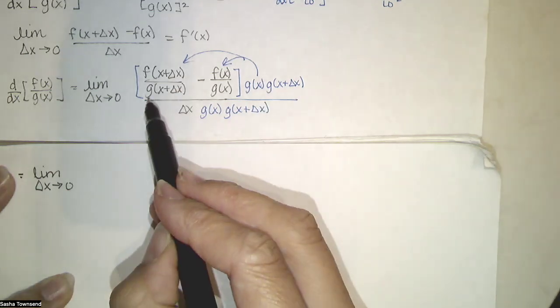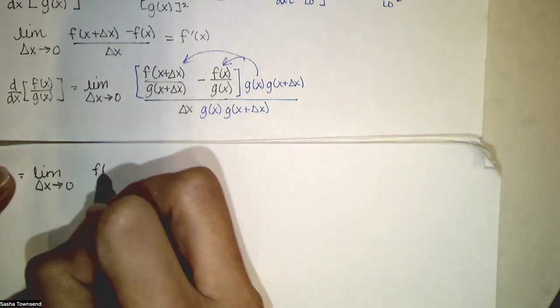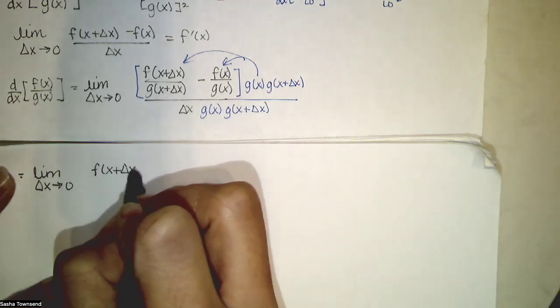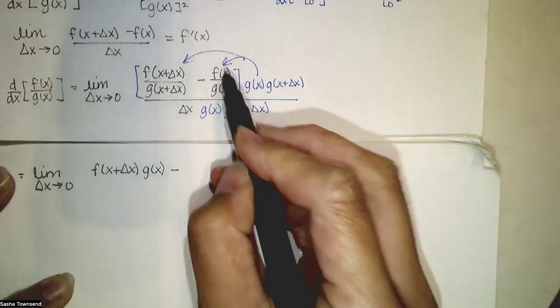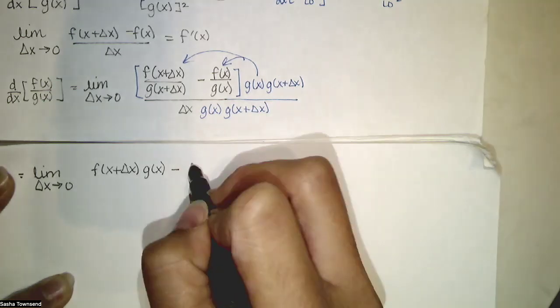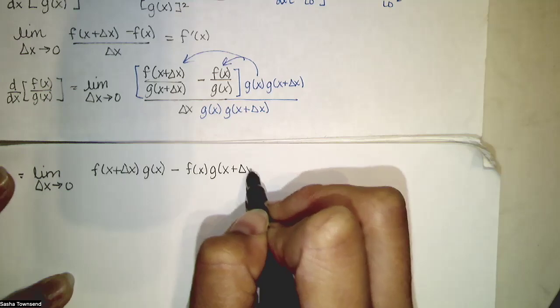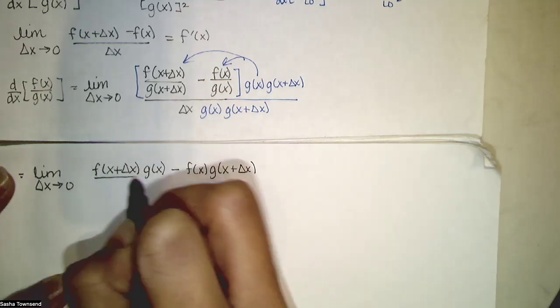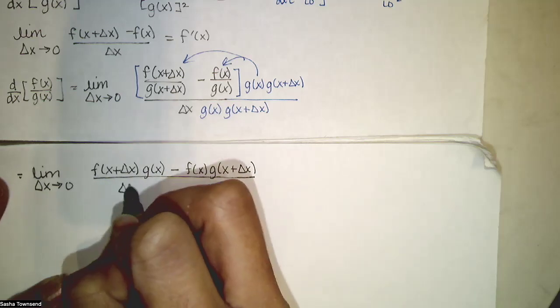Now the g of x plus delta x is going to reduce, so we're just going to end up with f of x plus delta x times g of x. And we subtract this fraction times this. Here the g's are going to reduce and you just end up with f of x times g of x plus delta x. Now this looks very familiar. It looks very similar to what we got using the product rule.